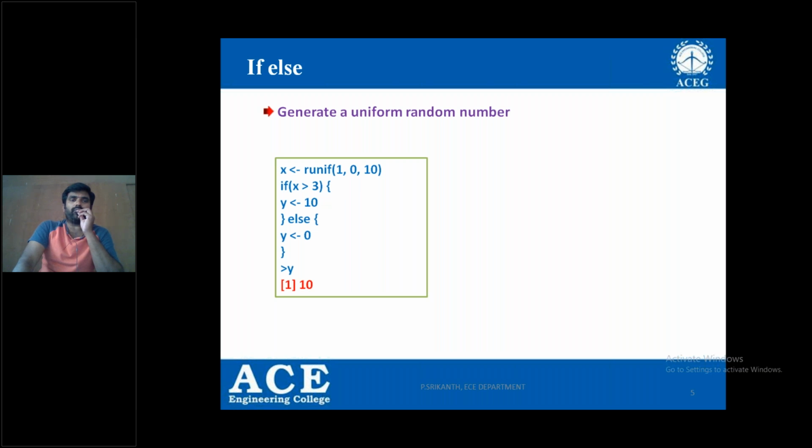So here I am writing the code like: if x is greater than 3, assign y with 10, else assign y with 0, right? When I run this code, it is going to generate the uniform density function, and every time I am going to get a value greater than 3.